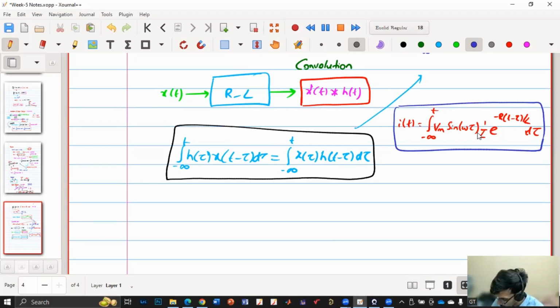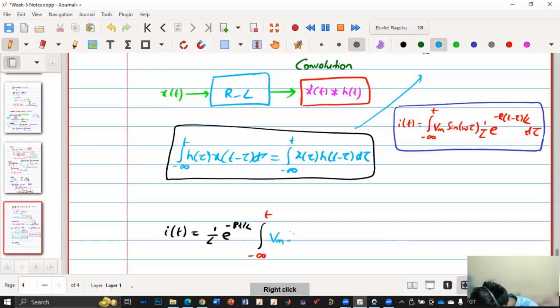So I of t, I can write it as 1 by L e to the power minus R t by L into the integral from minus infinity to t of Vm sine omega tau e to the power plus R tau by L d tau.